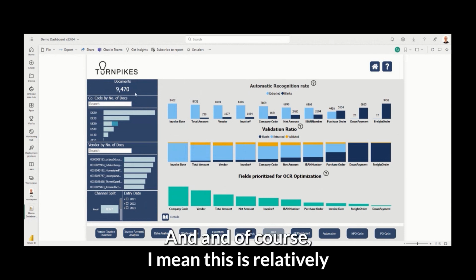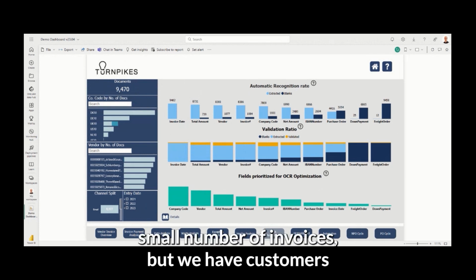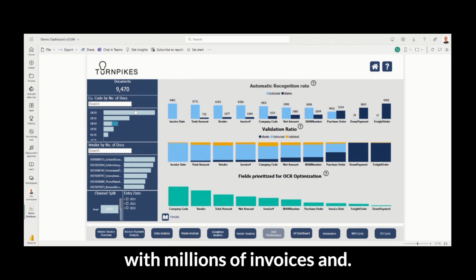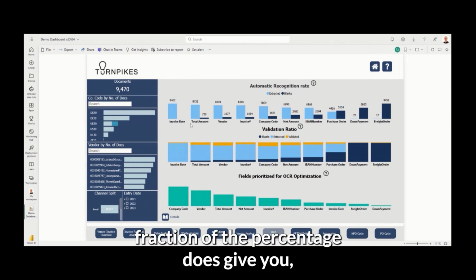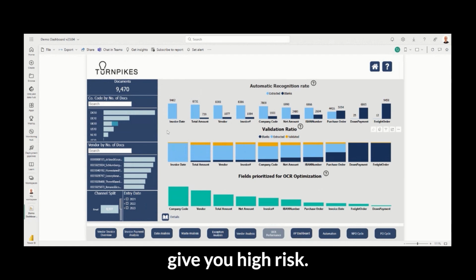And of course, this is a relatively small number of invoices, but we have customers with millions of invoices, and again, even a fraction of a percentage does give you high risk. Yeah. 1% of a million is a whole lot of cash. Exactly, exactly.